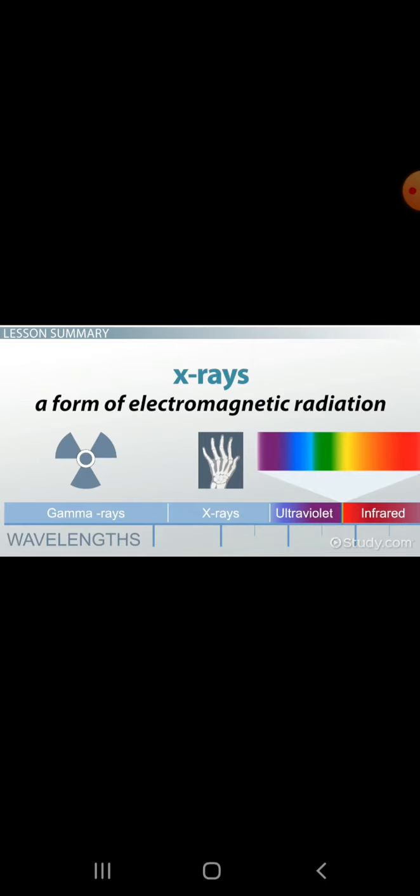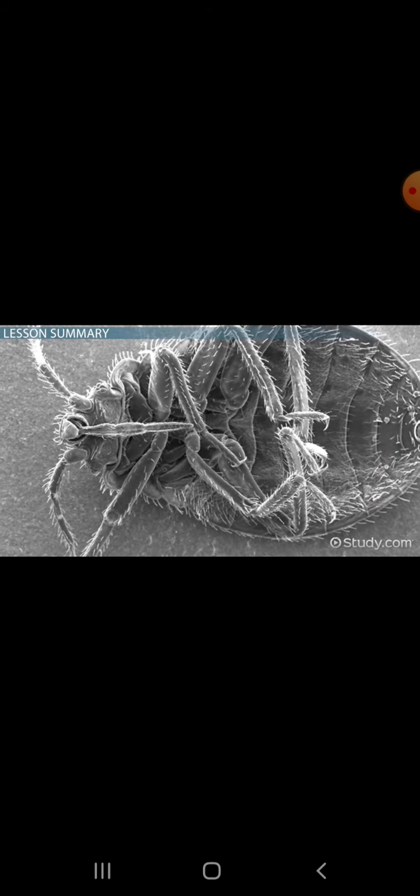Once it hits the sample, it discharges electrons as well as X-rays, which detectors detect. The detectors then convert everything into a signal, which helps form an image. X-rays, by the way, are a form of electromagnetic radiation. This entire process helps an SEM form an image of the surface of a sample.